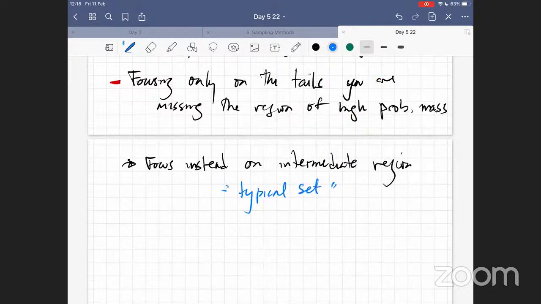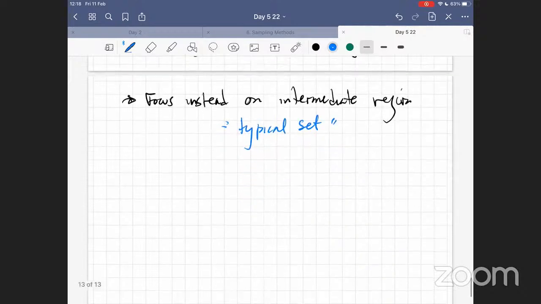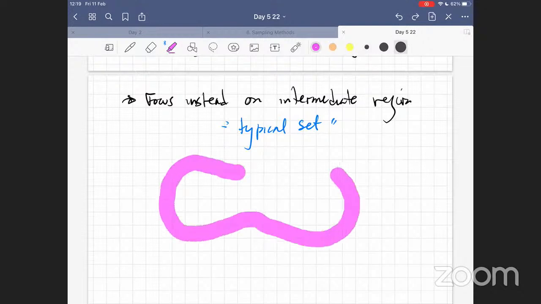Okay. So let me try to draw something now. Let me choose this color. So imagine that you have a typical set, okay, let me choose something larger. Imagine you have a typical set of this form. Then the mode is inside here, right?